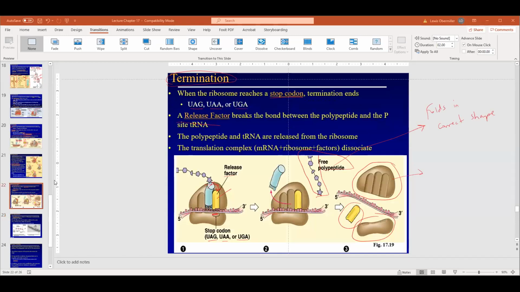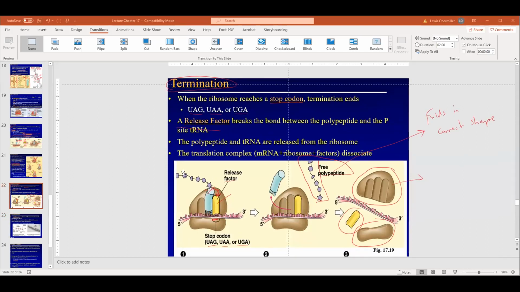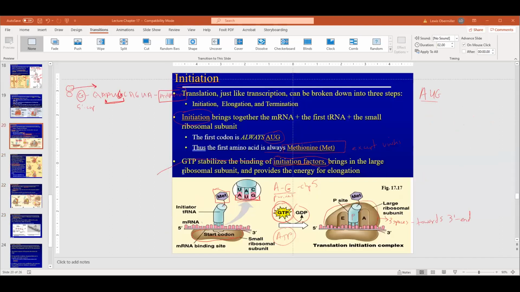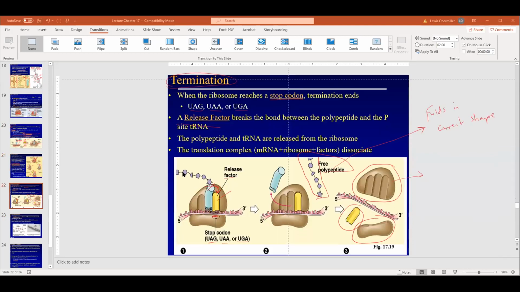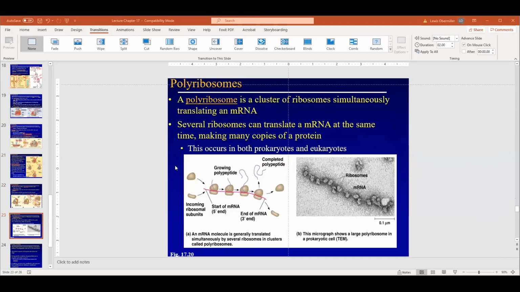Okay, so hopefully you understand the initiation and elongation and termination for translation. And then what you need to know is like a freeway. You don't have to wait for one car to get off before another car can get on.